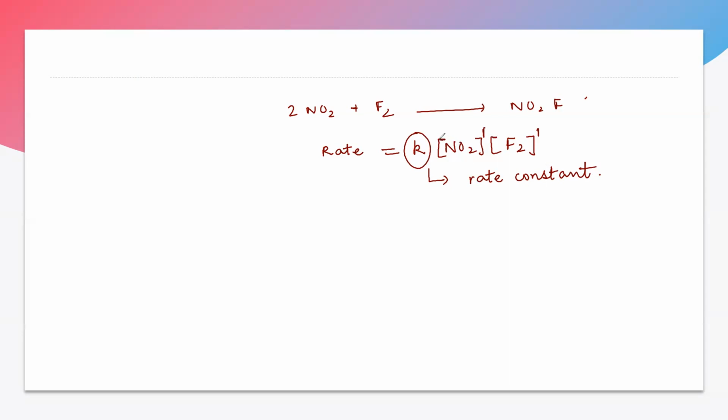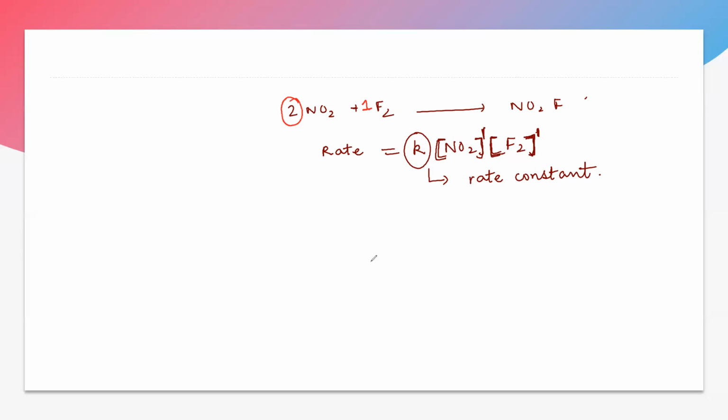We took the molar concentration of NO2 and then we took the molar concentration of F2. So molar concentrations raised to some power, which may or may not be equal to the stoichiometric coefficient. So what is the stoichiometric coefficient? The stoichiometric coefficient here is 2 and here is 1. So obviously 2 is not equal to 1, so it may or may not be equal.